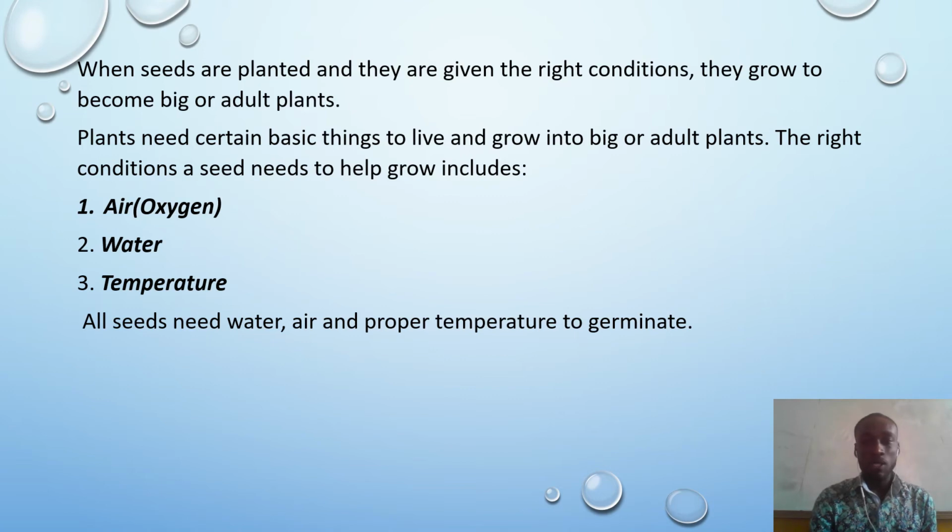Two, we have water, and then we have temperature, which is the same as sunlight. All seeds need water, air, and proper temperature to germinate. So these are the basic things that a seed needs to grow. We have air, we have water, and then we have temperature.